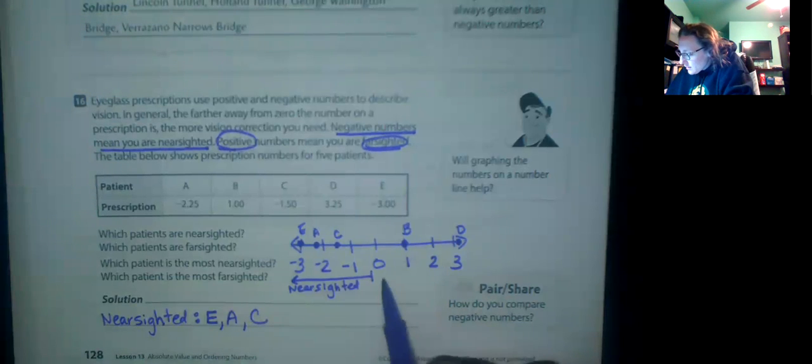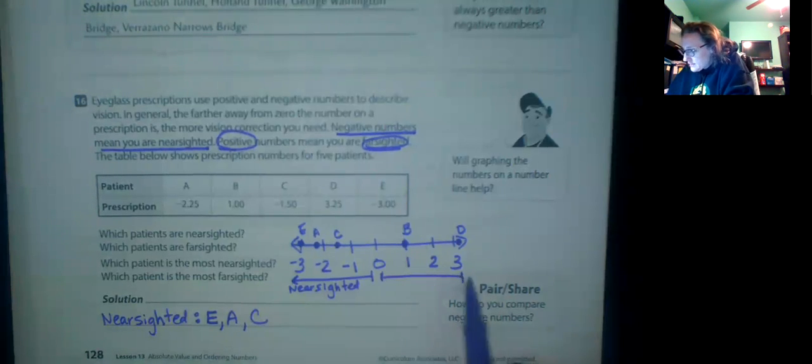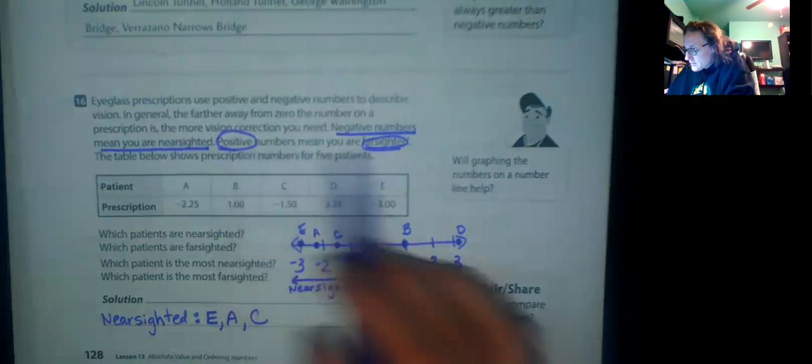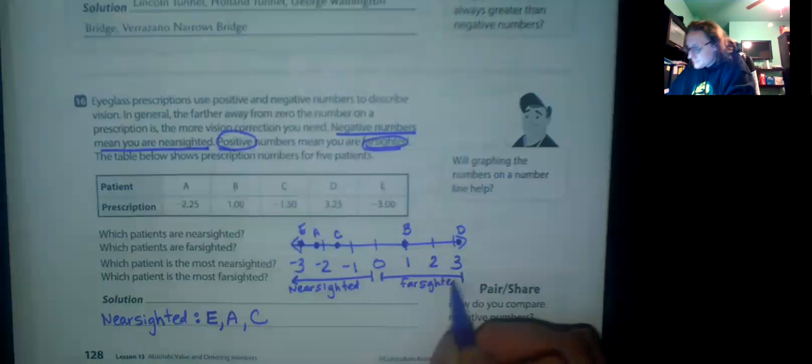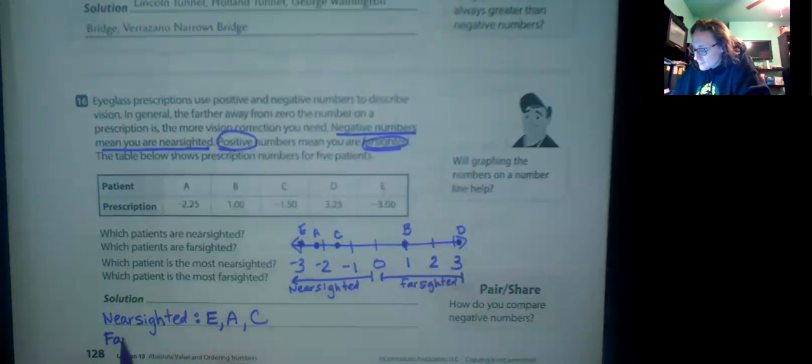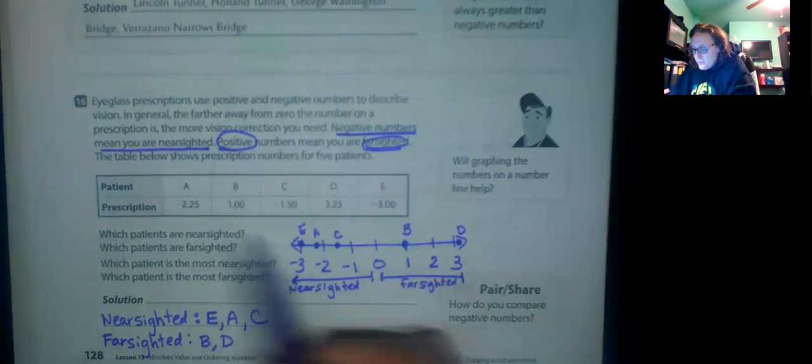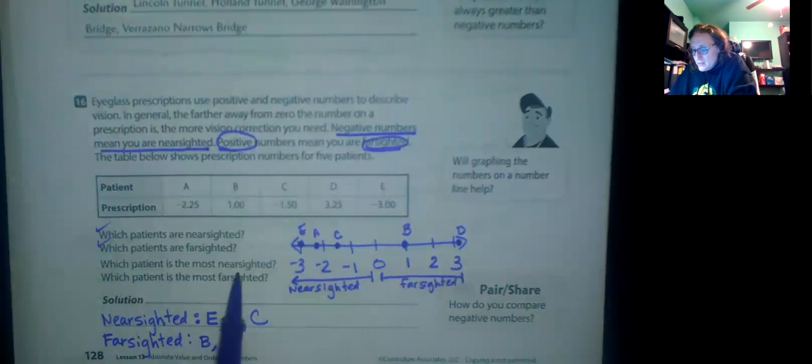The patients to this side, the positive side, these are the farsighted. Okay, so we have B and D. So we've answered both of these questions. Then it says which one is the most nearsighted and which one is the most farsighted. So the most nearsighted is the further away, right?